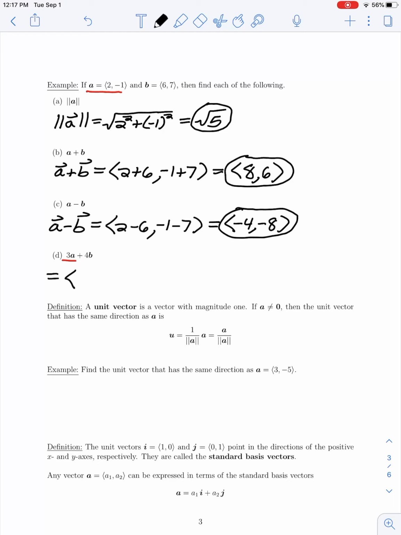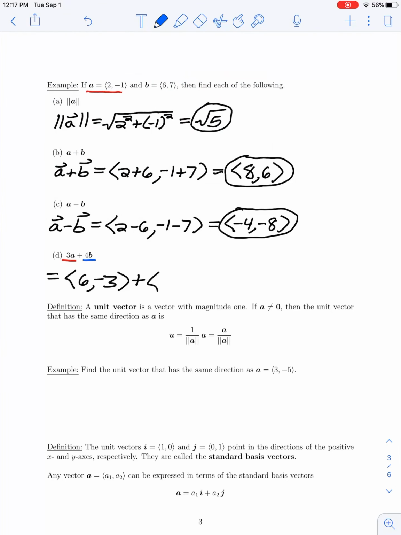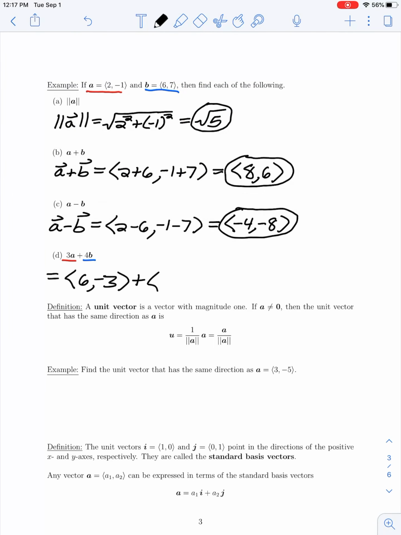So my first component, 2 times 3, would be 6. And the second component, -1 times 3, is -3. And then we're adding the scalar multiple 4 times B, where B was 6, 7. Taking 4 times those components, well, 6 times 4 is 24.